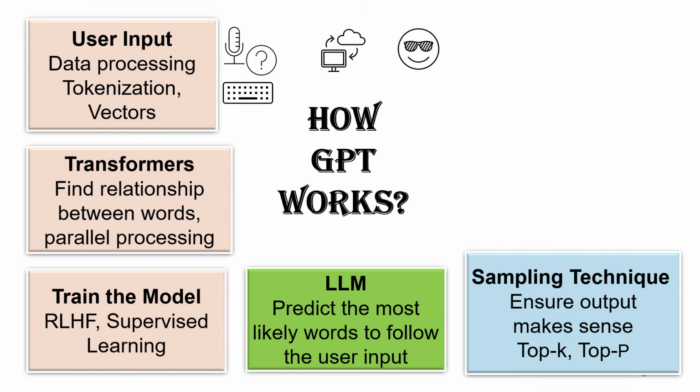For example, "apple is" and then there is a blank. To fill this blank, the top K sampling technique may show the results fruit, red in color, green in color, software company, and some more words. The words red in color or fruit are picked and listed on the top of the list to complete the sentence. So the complete sentence is: apple is a fruit which is red in color.